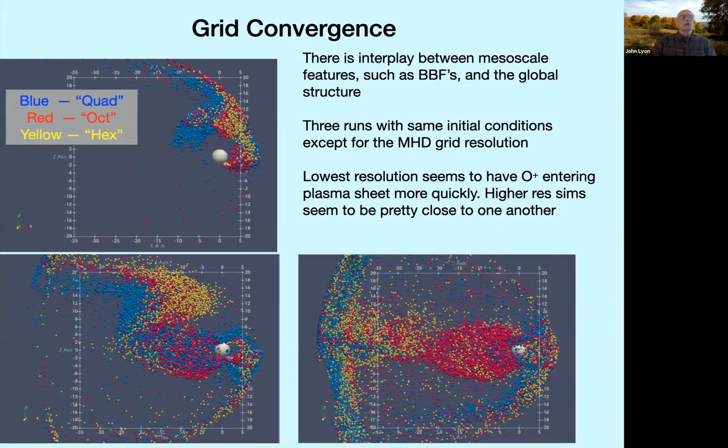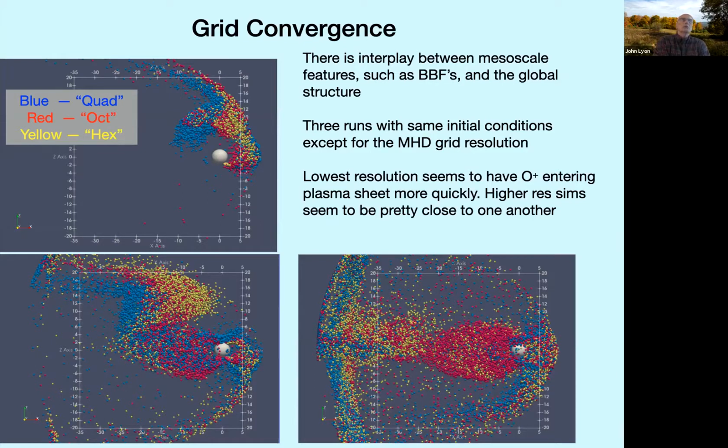One important thing that we need to worry about is grid convergence, which is, do you get a different result if you increase your grid resolution? And it turns out for this particular problem, it looks as though we're starting to converge.